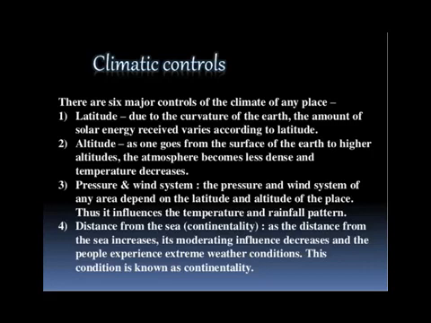Extreme climate means that during the summer season the temperature is very high, and during the winter season it is very low. For example, Mumbai has a moderate climate and Panipat has an extreme climate, because Mumbai lies near the sea and Panipat is away from the sea.